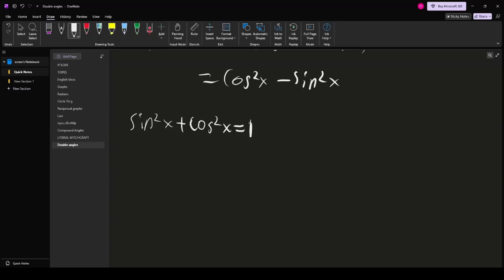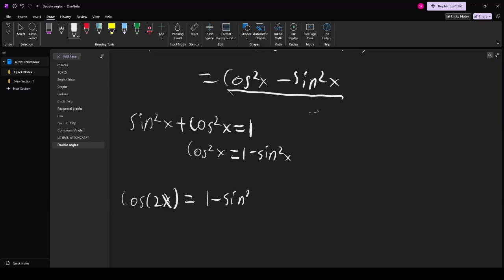Anyway, so you have this identity. If we rearrange things, we can get cos squared x equals 1 minus sine squared x. So if we apply that here, we also get cos 2x equals 1 minus sine squared x minus sine squared x.